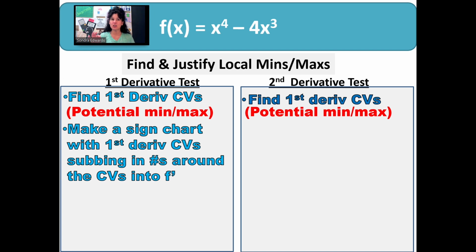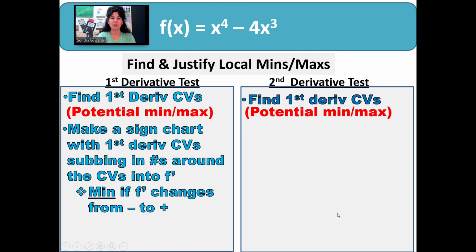Then you substitute numbers around those first derivative critical values, and depending on the answer, we can determine if we have a local minimum or a local maximum. There are a limited number of things that can happen. So let's say you've made the sign chart and you see that the sign changes from negative to positive.